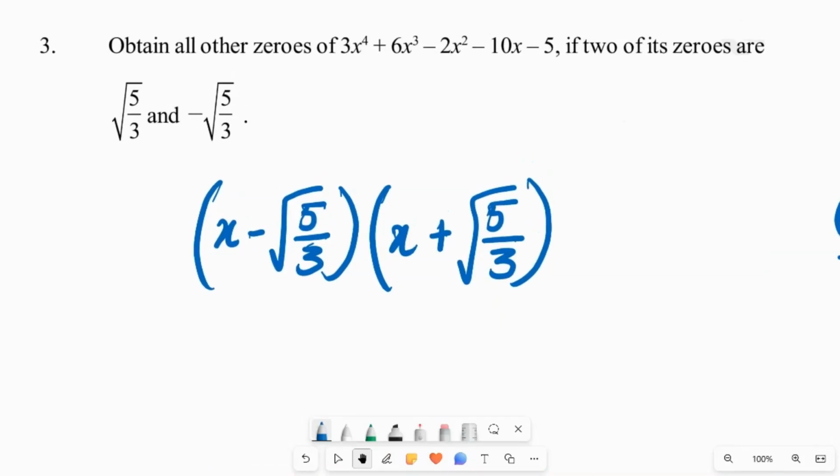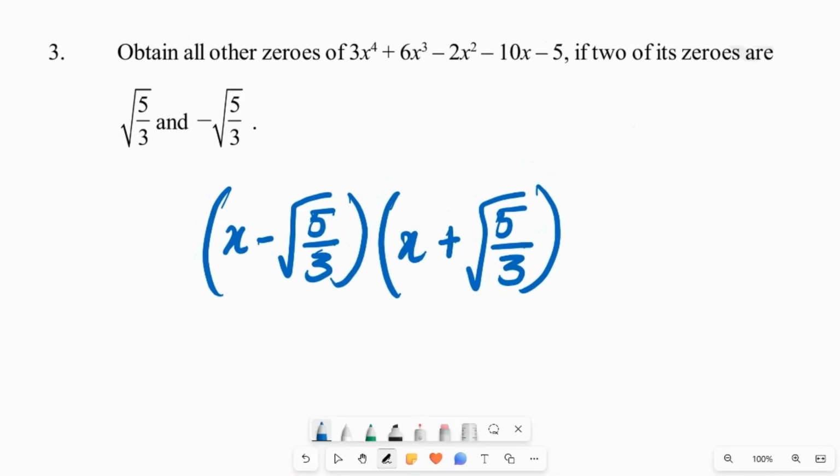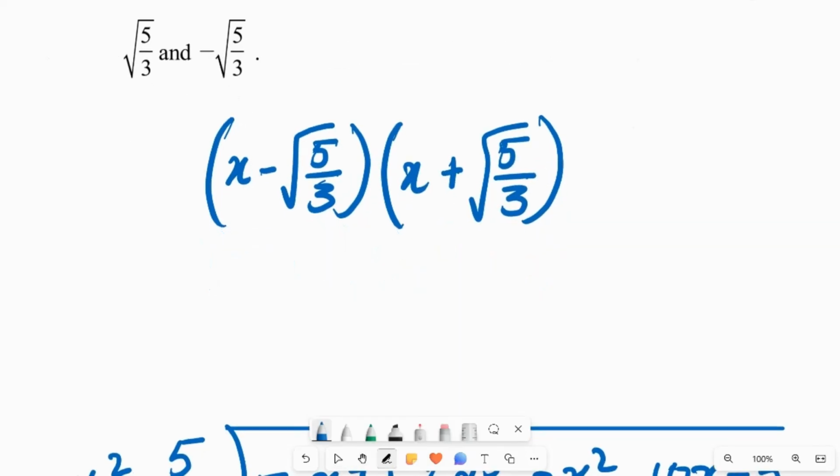So we have a plus b into a minus b, so it would be a square minus b square. So this would be x square minus 5 by 3. So if I divide the given biquadratic equation with x square minus 5 by 3, the quotient which I would get would be the other zeros of the polynomial, right?